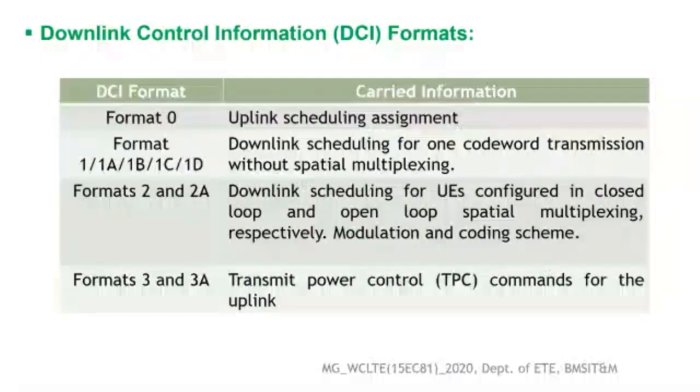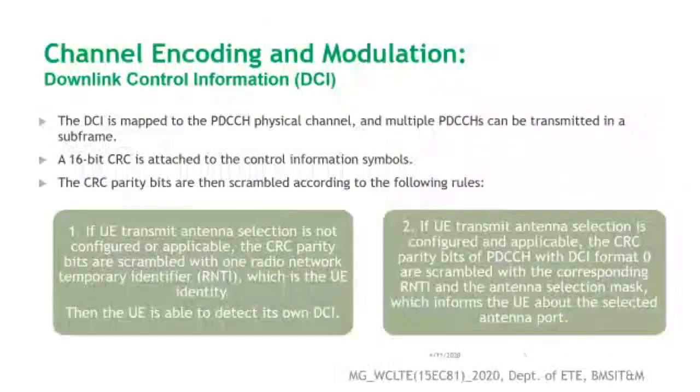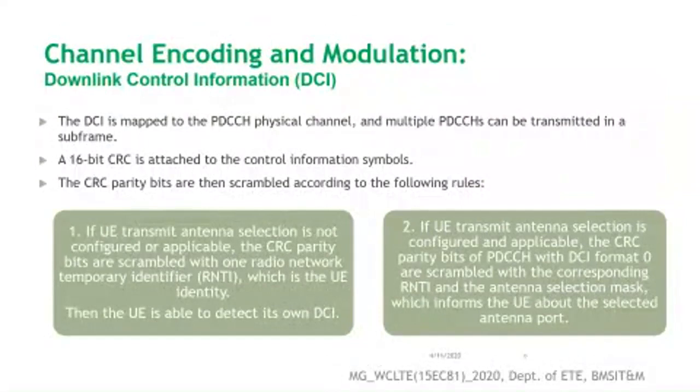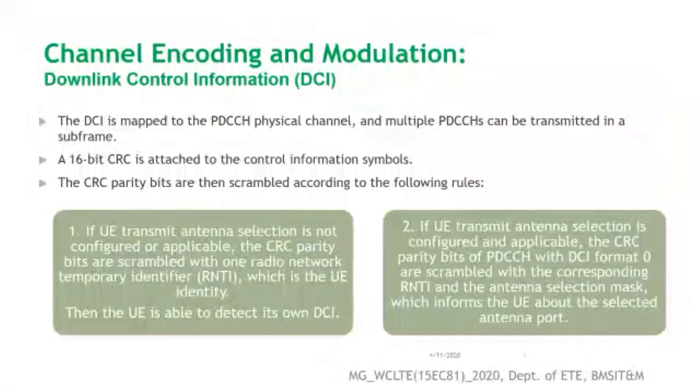So with this brief idea about the different types of DCI formats, let me explain the channel encoding and modulation used for these channels. For every channel, this process will be done. This downlink control information is mapped to the physical downlink control channel.